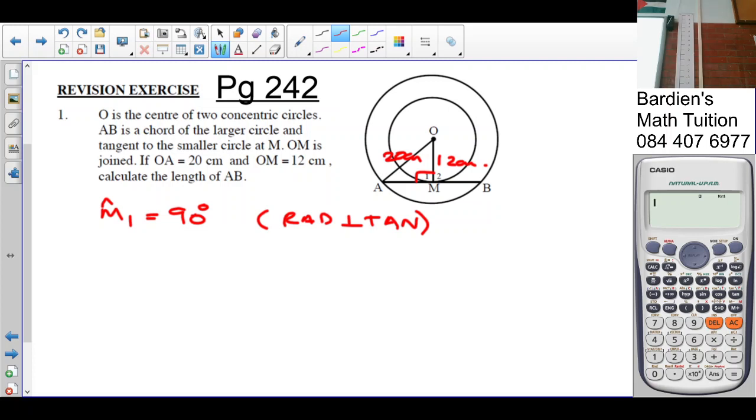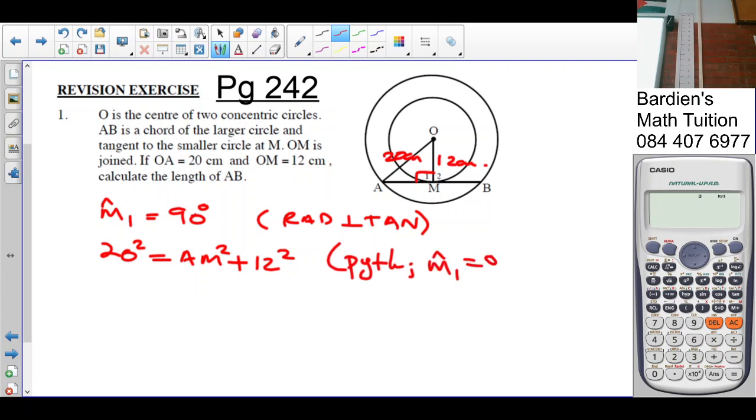According to Pythagoras, 20 squared equals AM squared plus 12 squared. But you guys write 20 squared minus 12 squared is equal to AM squared. That's fine, no problem. We said you must have a reason. Your reason here is Pythagoras, with angle M1 equals 90 degrees.